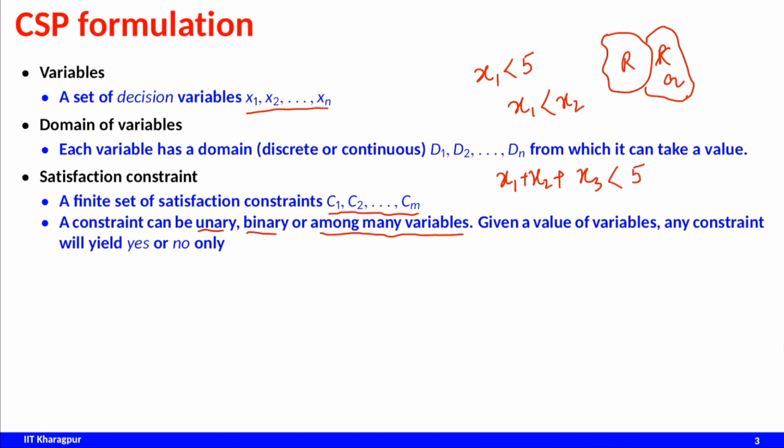So that can be the constraint. Given the values of the variables, if you replace the variables in a constraint with the given values, then it will yield either true or false, or yes or no, once you know the values for each of those variables.